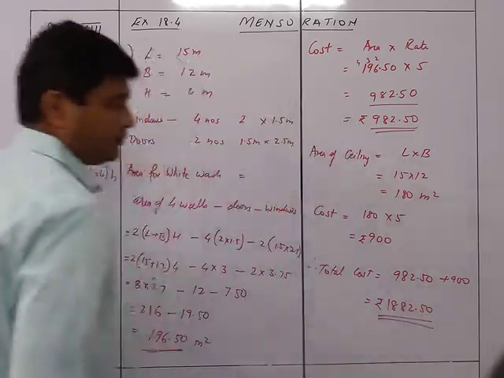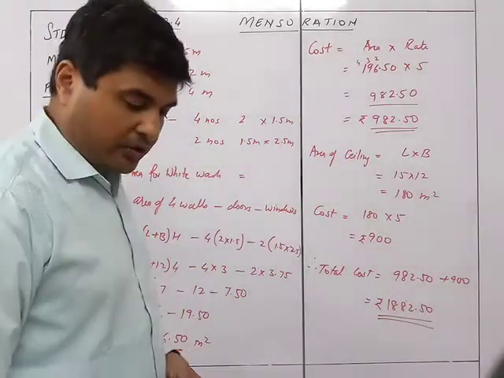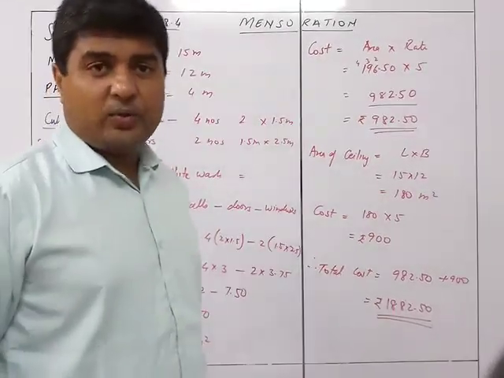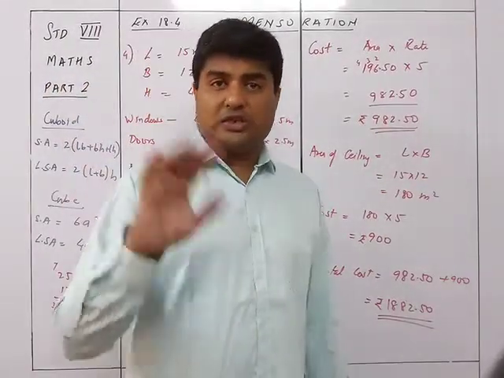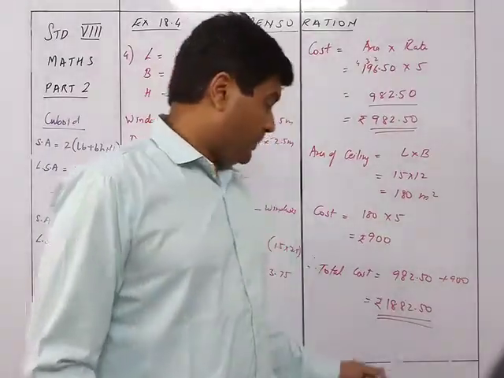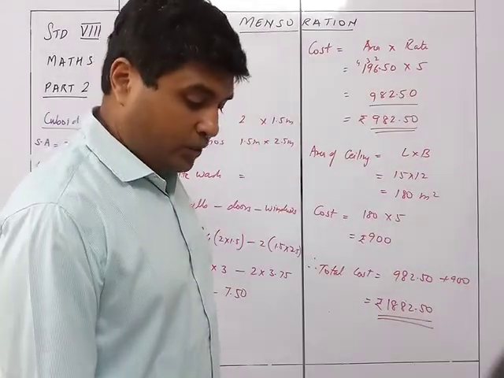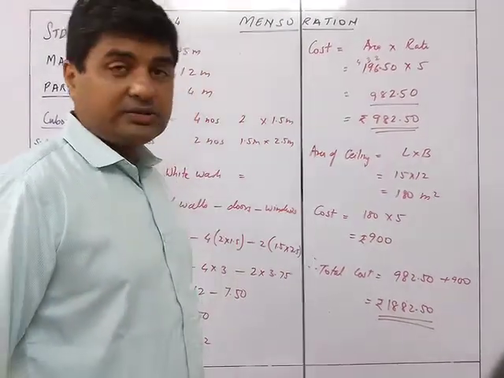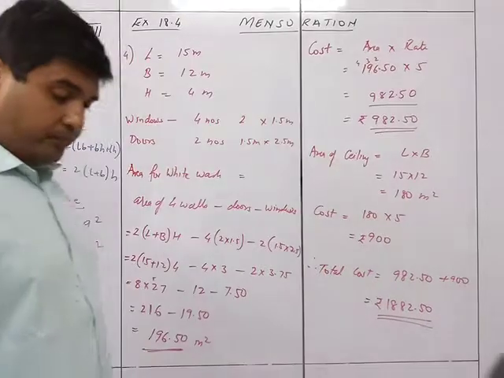1882.50. So that's the answer for sum number 4, that the total cost of whitewashing the 4 walls excluding the doors and the windows and the ceiling will be 1882.50. That's the answer for sum number 4.